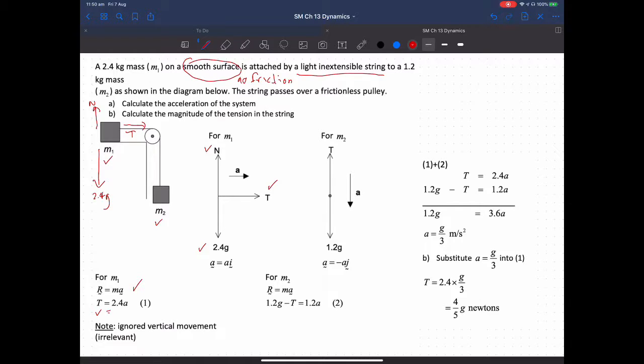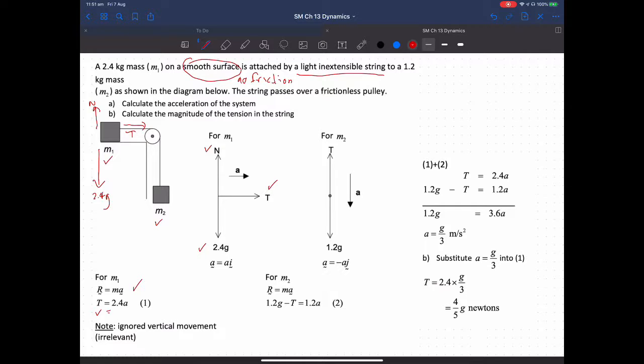This must be occurring in the i direction. We do not need to write down those vectors. The vertical movement on the particle is irrelevant because it's not moving vertically. We also know that the normal reaction must equal the weight. So in essence, they cancel each other out anyway.